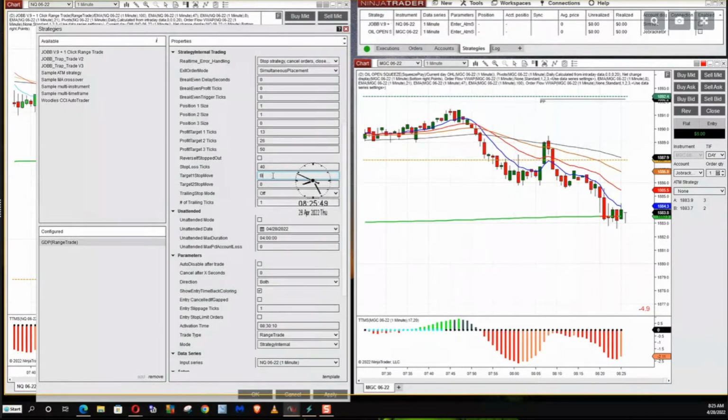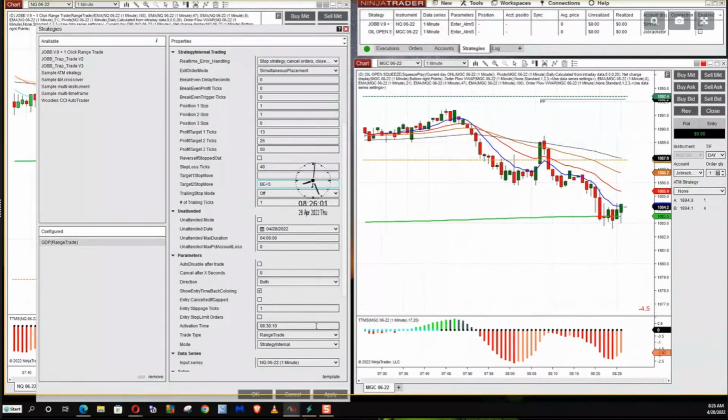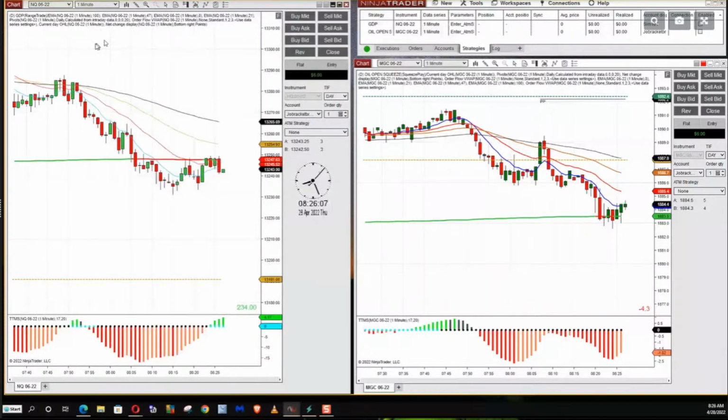If my second target is hit, I'll move my stop to break even +5. And I'm going to use MNQ. I'm not a baby. It's not about being a baby. It's about risk management.